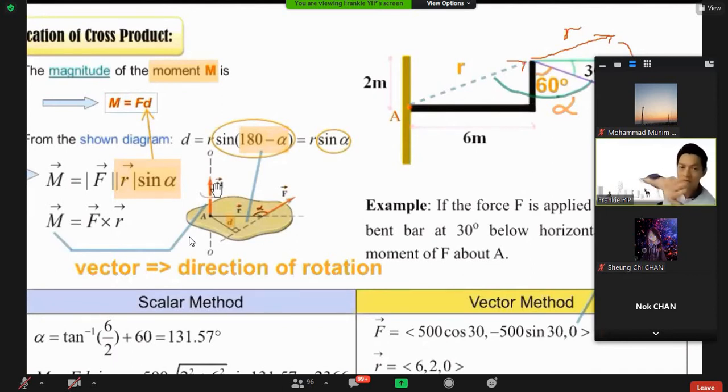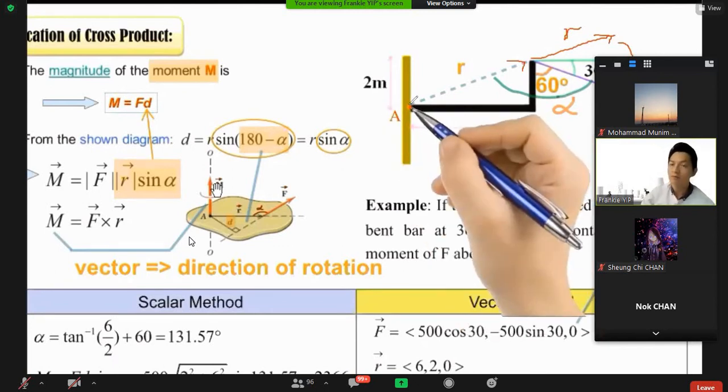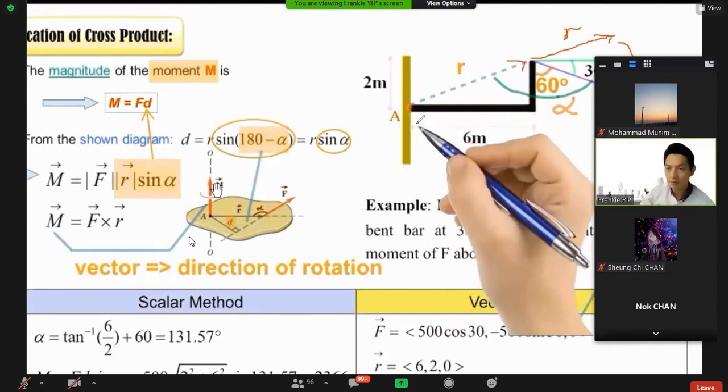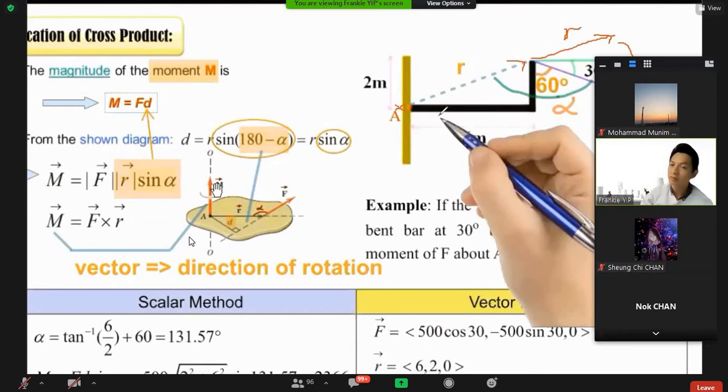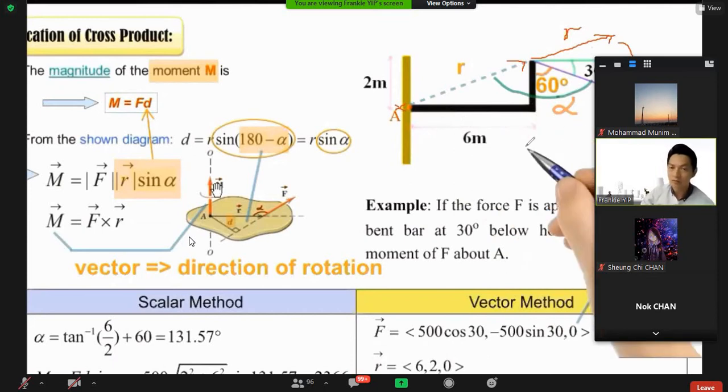R cross F. So the axis is pointing downward. Okay, pointing downward. How can we represent downward? It's something like a cross. That means pointing downward.